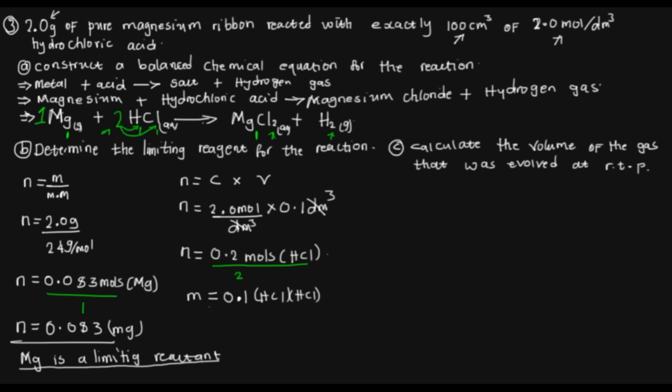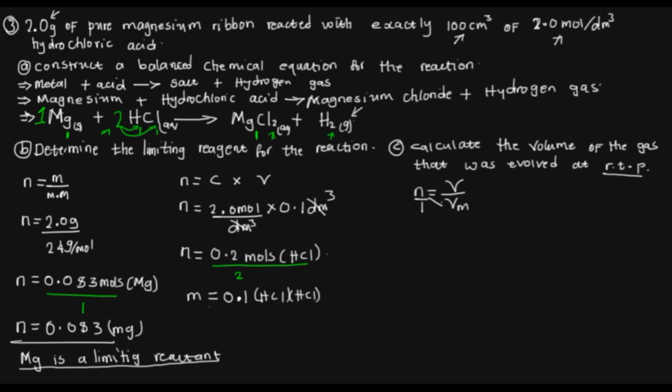Okay, so now we can move on to question C. Calculate the volume of the gas that was evolved at RTP. The gas that was evolved was hydrogen, so now we are trying to find the volume. If you have been given a condition, the condition is RTP. Number of moles is equal to volume over molar volume.